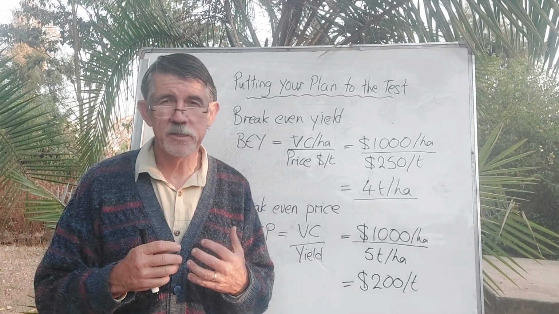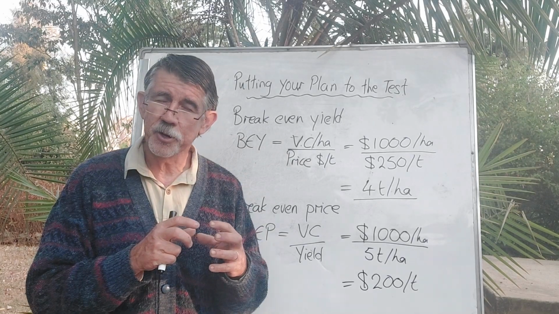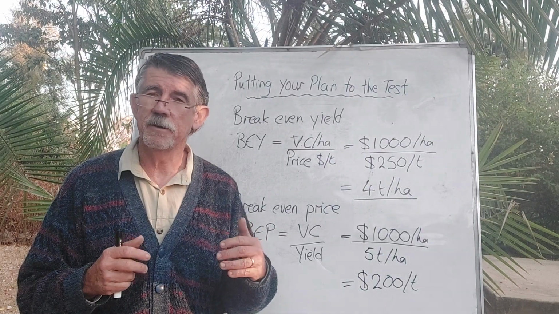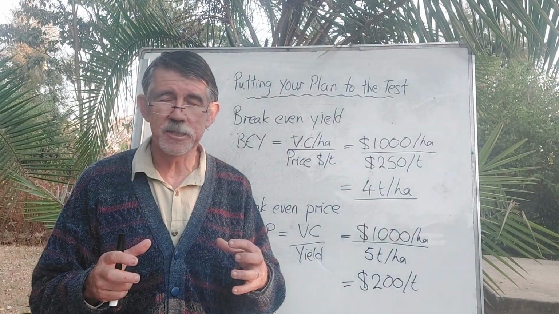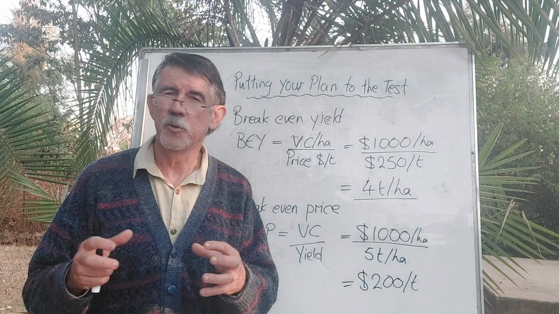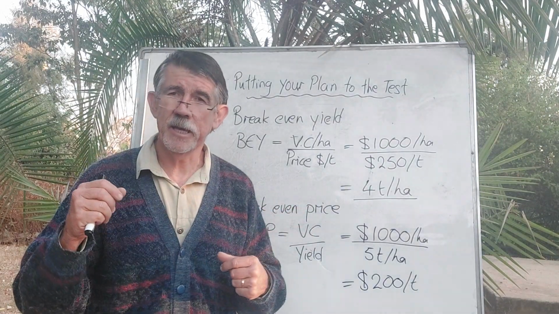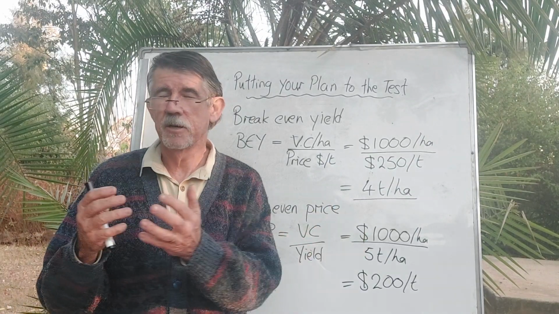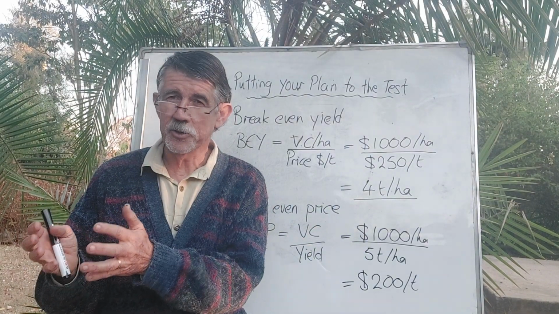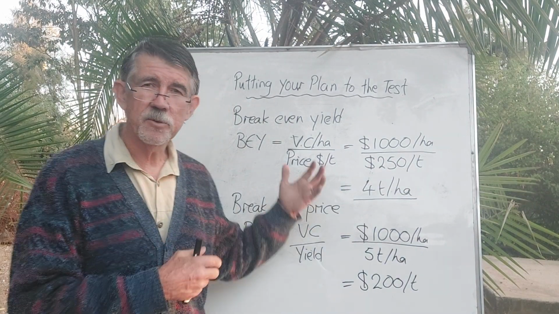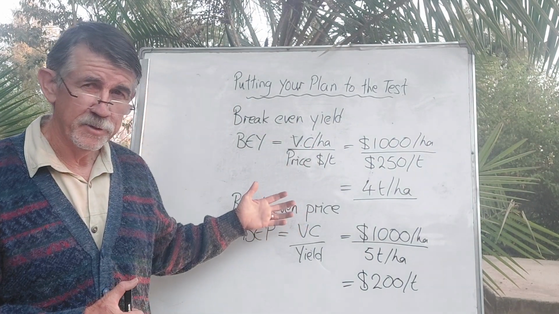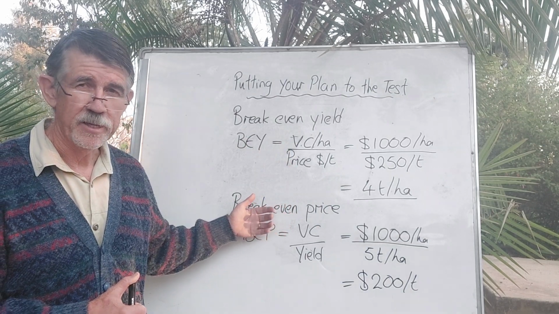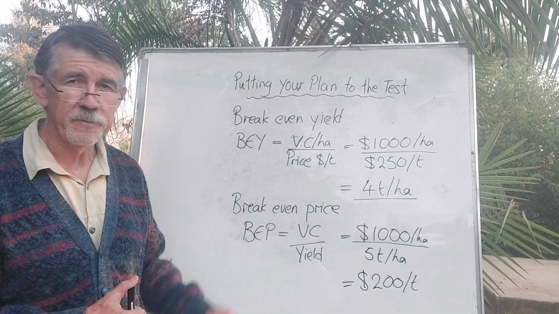Or in some cases, you can allocate your overheads in some weighted average manner, like on the number of units or the area that each enterprise occupies or whatever. If you've got livestock and cropping, it's a little bit difficult to say how much of your overheads should go to the livestock and how much should go to your cropping. So this is the one way to analyze your enterprise gross margin budget, is to look at the break-even yield and the break-even price.